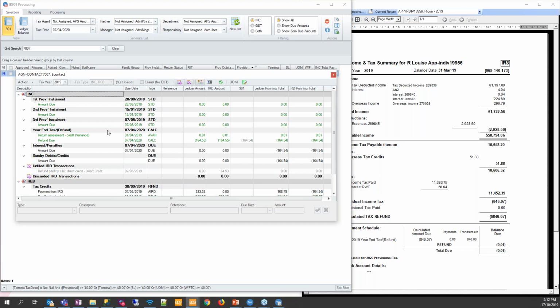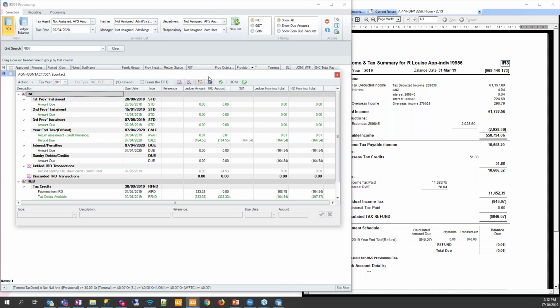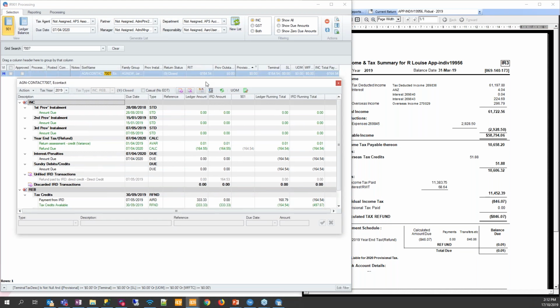All right, so here is another example of the 1 cent issue. This is one where we've actually retained the issue. So if we look, we actually had 164.54 as the residual income tax as a credit. And this is where it hasn't actually at this stage been resolved. So this has actually incorrectly been changed to 164.55.